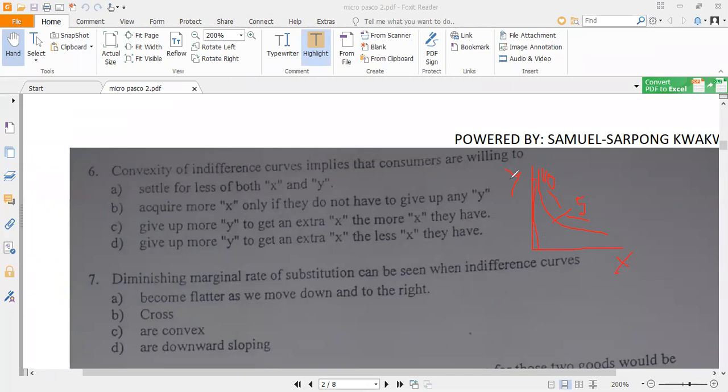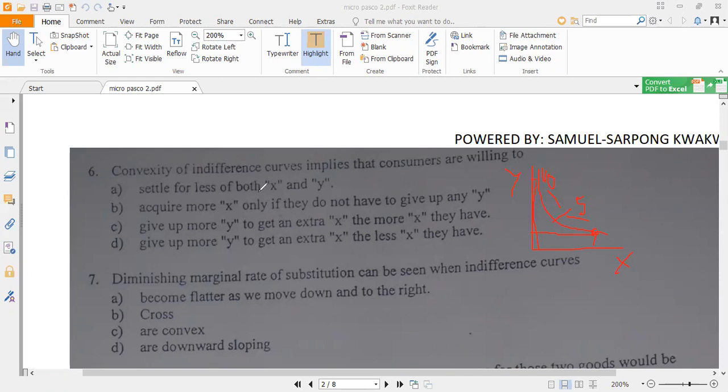But as you move down the indifference curve, you'll be consuming more units of x and less units of y, so you will not be willing to sacrifice the little y that you have for x. That is why the willingness decreases as you move down the convex indifference curve.